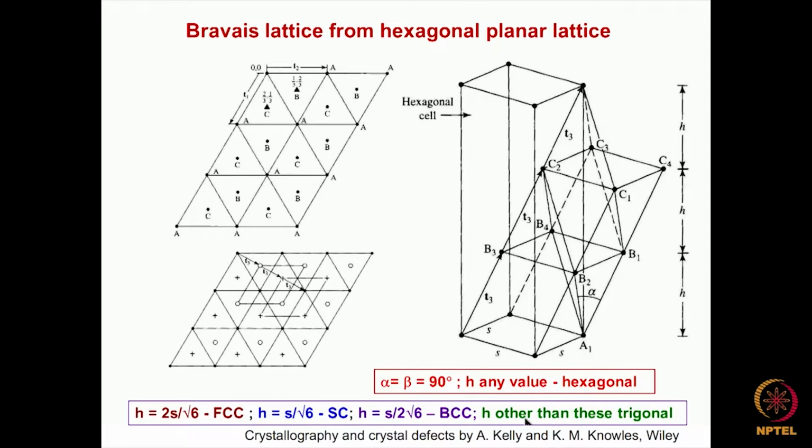If we keep the B layer and all the successive layers at a distance h equal to s by root 6, then we can generate a simple cubic. If we keep the distance between the layers such that the height is h equal to s by 2 root 6, then we can generate a body centered lattice.